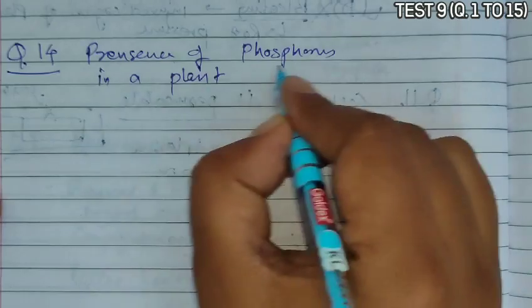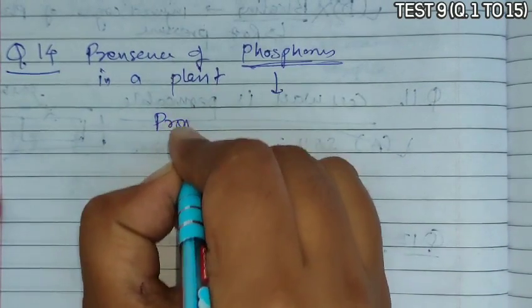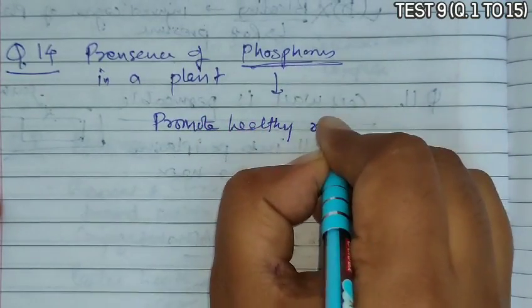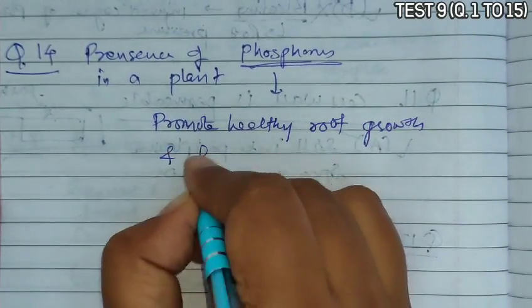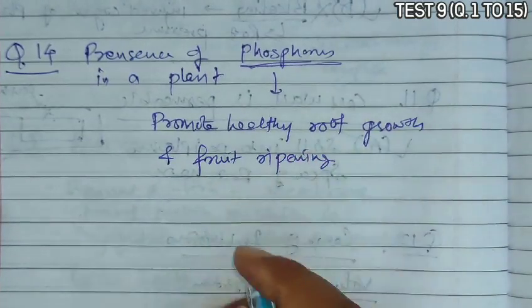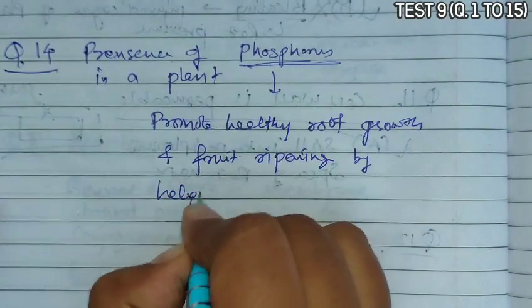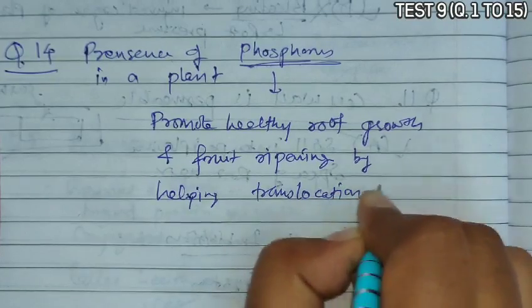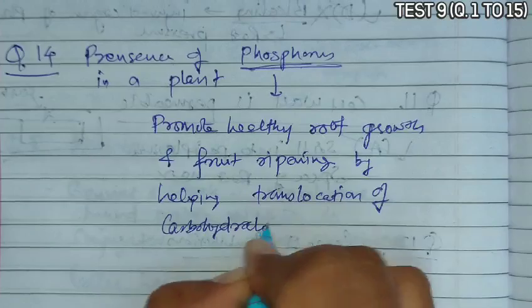Phosphorus promotes healthy root growth and fruit ripening, and that is by helping translocation of carbohydrate.